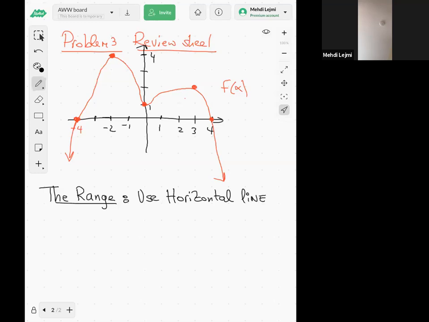Okay, so you have to use the horizontal lines. Here is negative infinity, and at the top is positive infinity. Whenever your horizontal line intersects the graph, then the corresponding y belongs to the range of f.